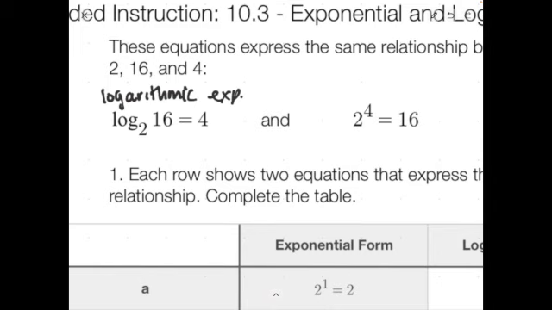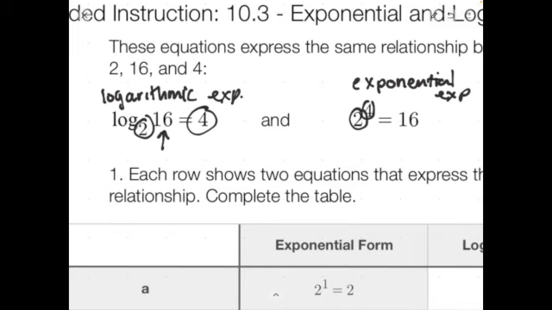And 2 to the power of 4 is equal to 16. That is the exponential expression. What they're saying is that 2 is the base, and 4 is the exponent that we can raise the base to get 16.